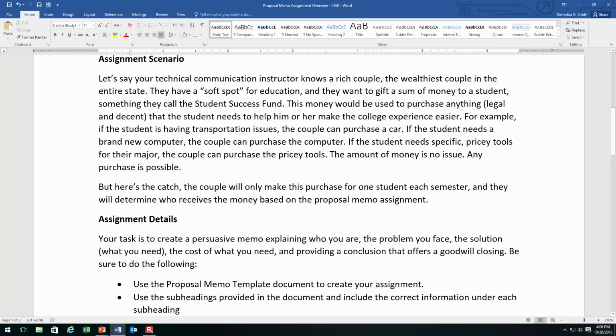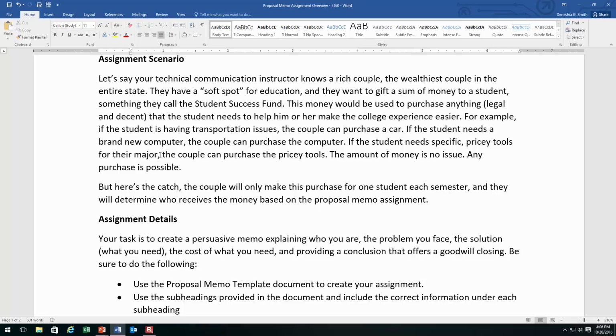For example, if the student is having transportation issues, the couple can purchase a car. If the student needs a brand new computer, the couple can purchase a computer. If the student needs specific pricey tools for their major, the couple can purchase the pricey tools. The amount of money is no issue. Any purchase is possible, of course, within reason. If you need a jet, you don't need a jet, right?